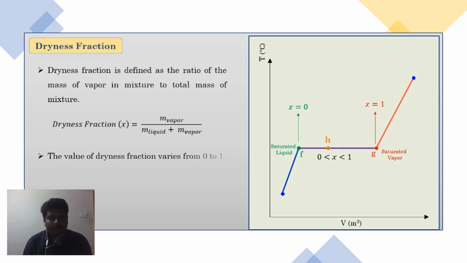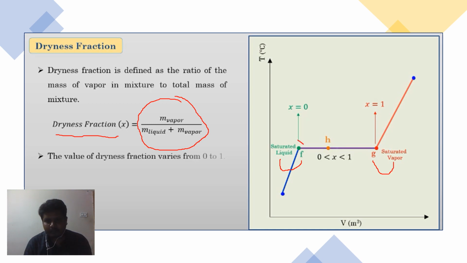Now let us understand what dryness fraction is. Dryness fraction is defined as the ratio of the mass of vapor in the mixture to the total mass. If we write it mathematically, dryness fraction x equals mass of vapor divided by mass of liquid plus mass of vapor. You can see on the TV diagram, point F is the saturated liquid state and point G is the saturated vapor state.